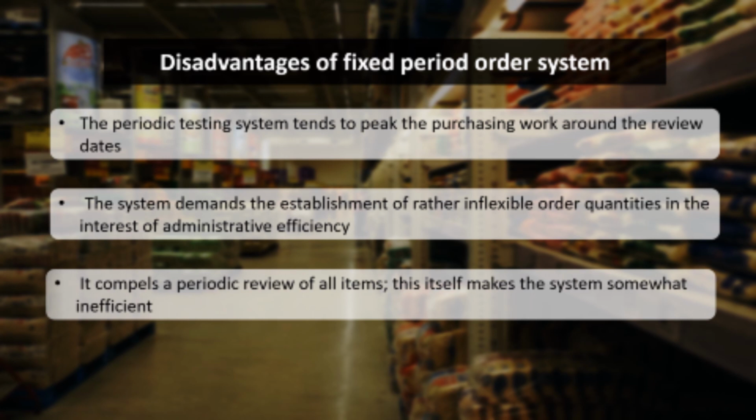It means that in order to achieve efficiency at the administrative level, you may not be very flexible as per demand and requirements. It also compels a periodic review of all items. This itself makes the system somewhat inefficient. Even if you do not require it, you are still reviewing, which may add cost to the system.